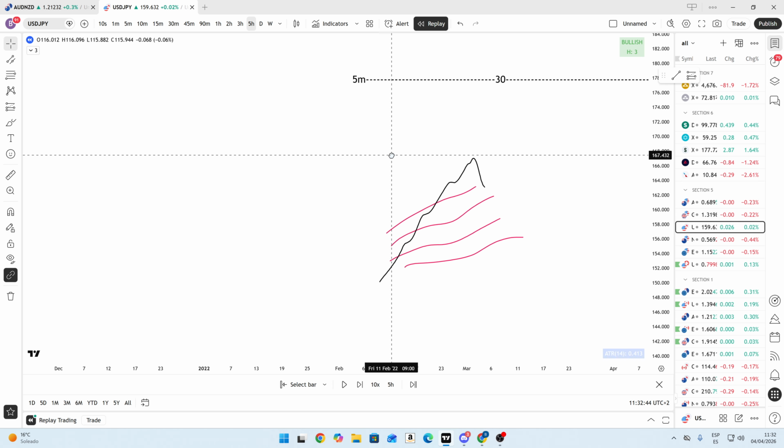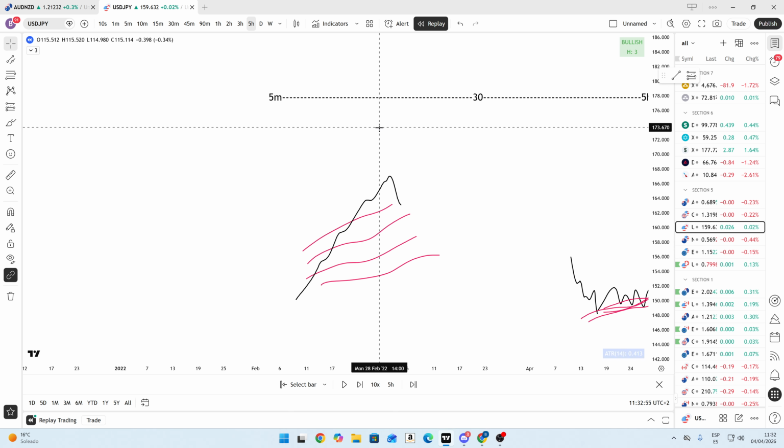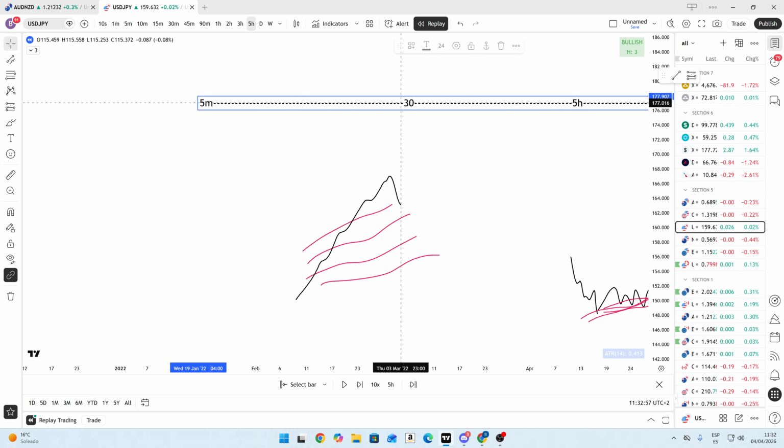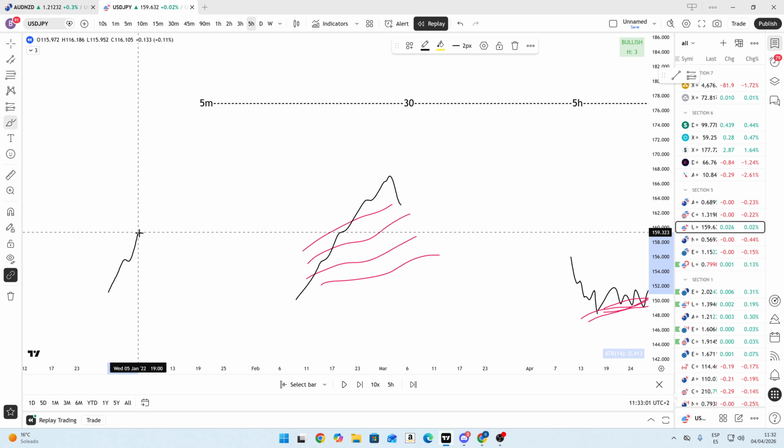Okay, now on the 5-minute time frame, this looks a bit ugly. One sec. Okay, it's perfect. Now on the 5-minute time frame, we'll see that price looks a bit like this.